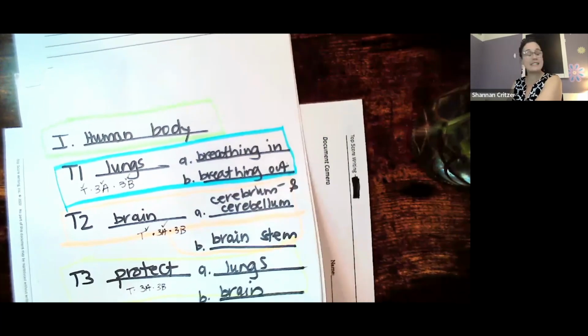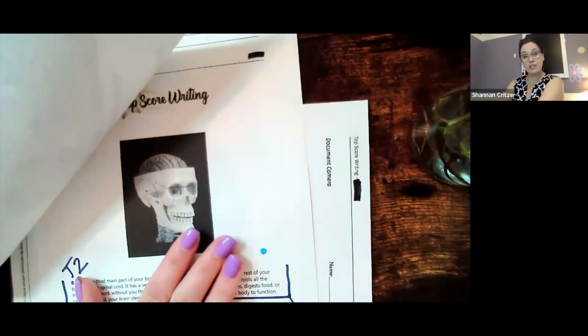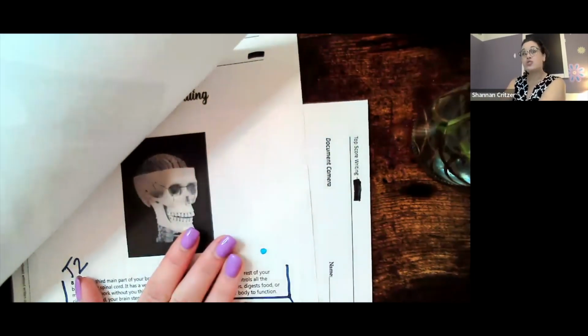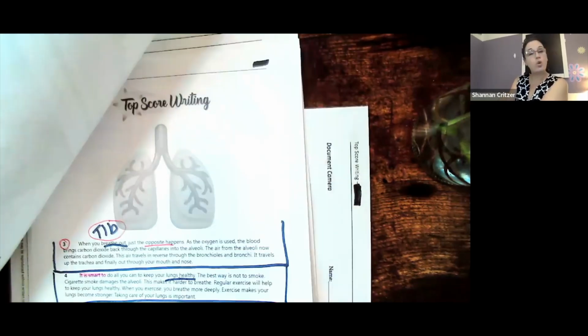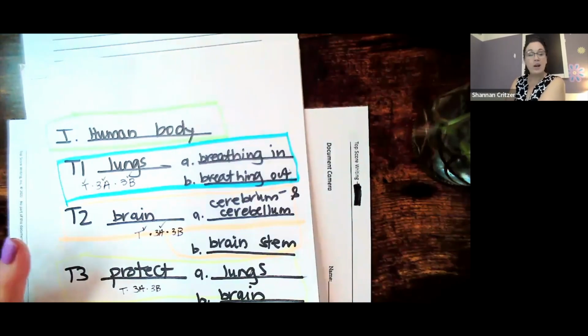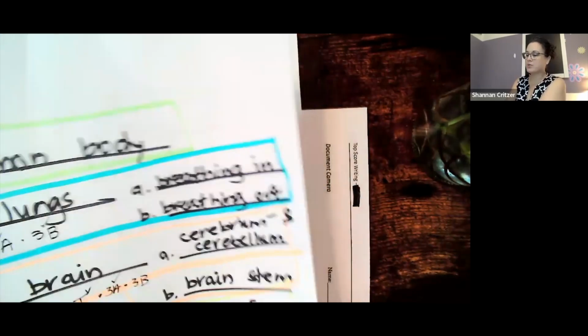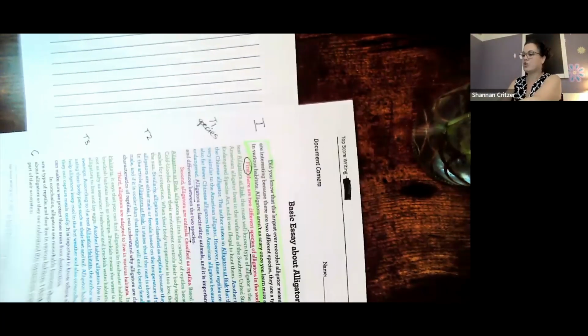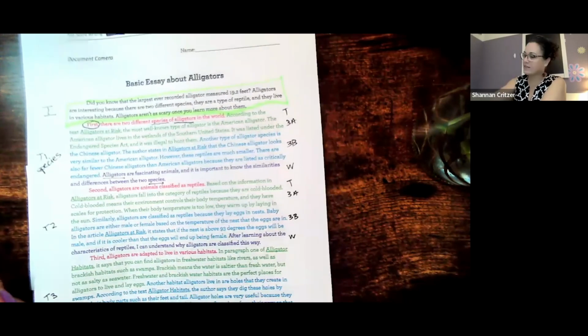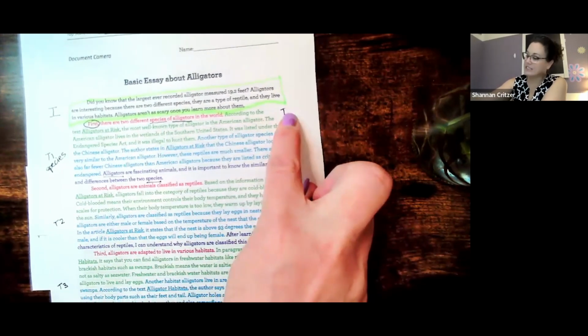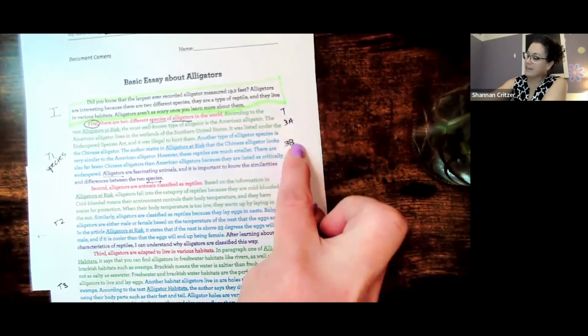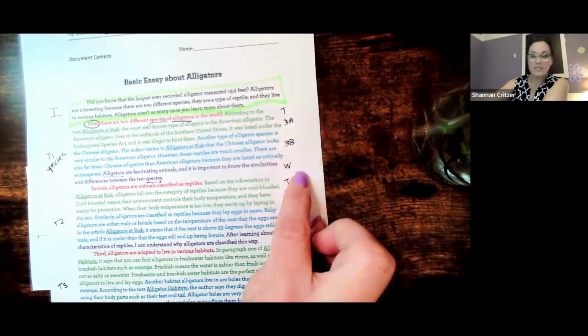And so the rubric says that we have to take the information from our text set to show our reader what it is that we've learned. And so we're going to use our outline, but we're also going to use our text set. We took our basic essay up a little bit. Remember, we showed you here's our T sentence, 3 sentences for A, 3 sentences for B, our W sentence.